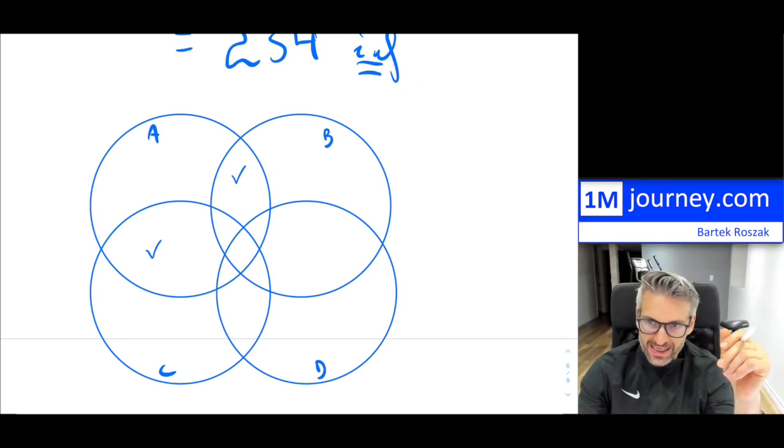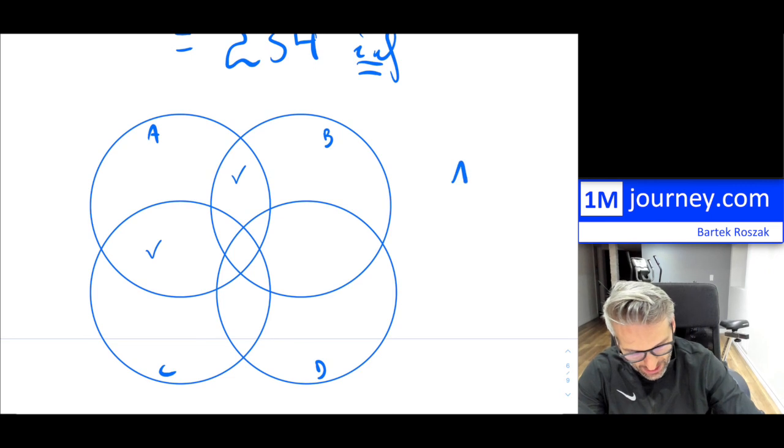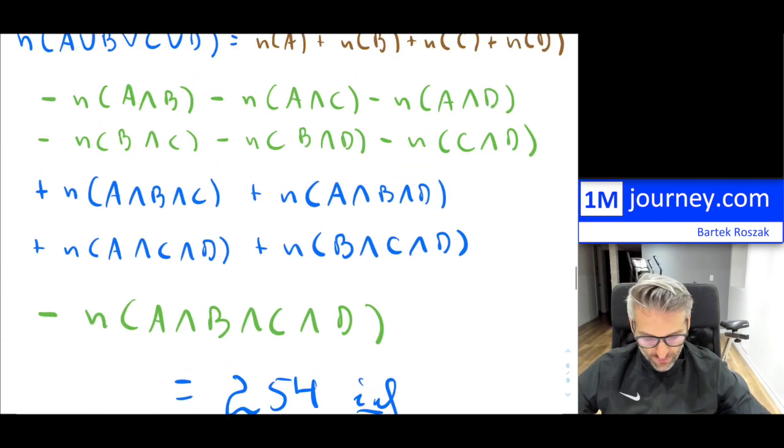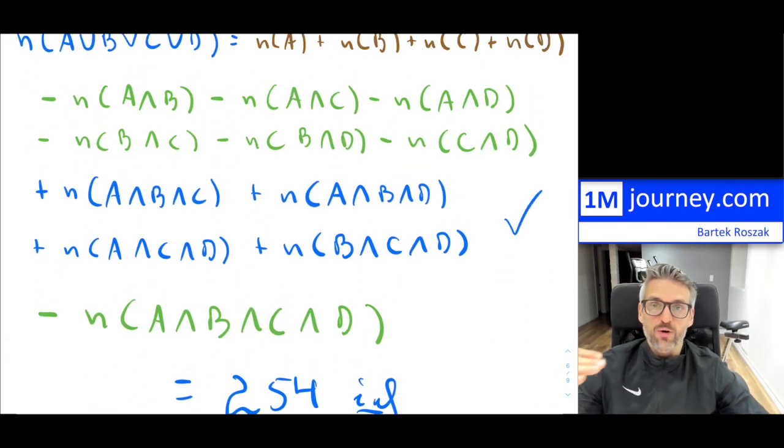Notice that A and D, only A and only D, that intersection. Unless it's empty, then this would work, but you would also need an empty intersection between B and C, so that you don't run into these problems. So creating Venn diagrams here is tough. That's why knowing this formula and understanding where it comes from is pretty useful.